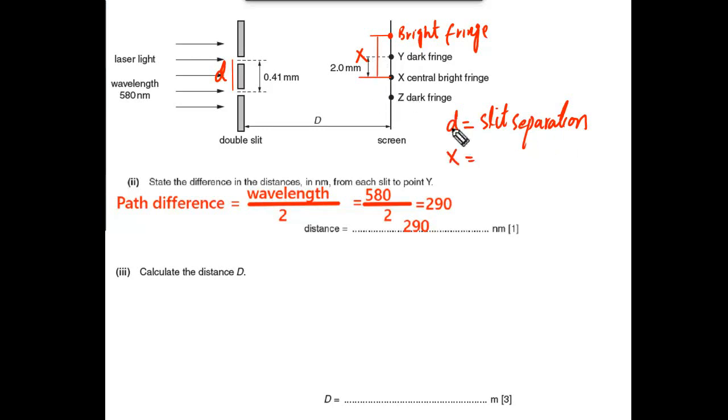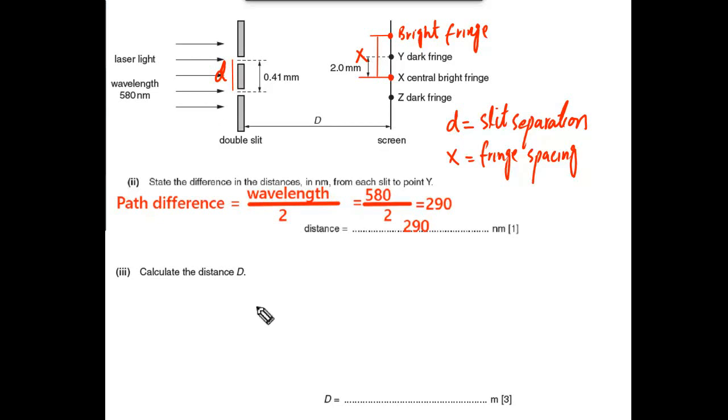What is x? x is called fringe spacing, meaning the space between two bright fringes. You see we have one bright fringe here and the next bright fringe. The distance between two consecutive bright fringes is called fringe spacing, and this is x. And this is D.